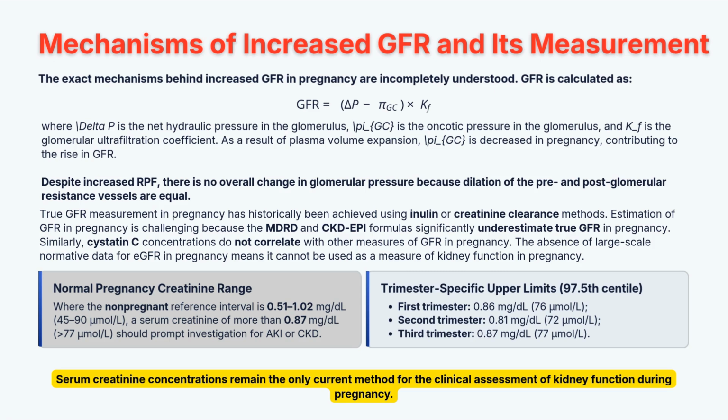In general, serum creatinine above 0.87 milligram per deciliter should trigger evaluation for possible AKI or CKD in such pregnancy. The upper limit is also slightly different by trimester, around 0.86 in the first one, 0.81 in the second trimester, and 0.7 in the third trimester.